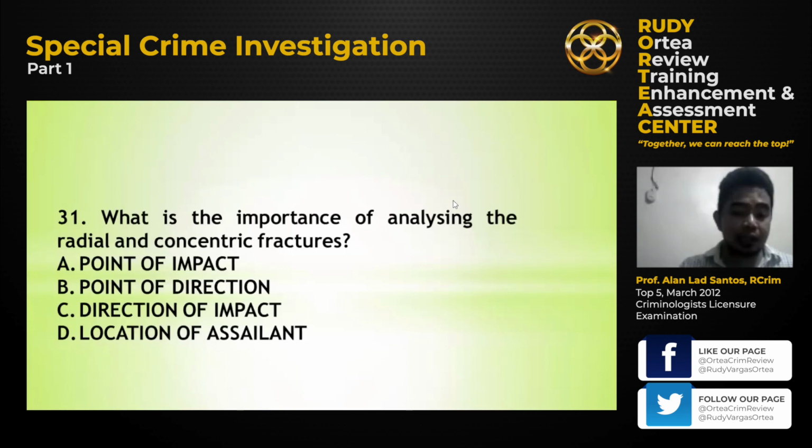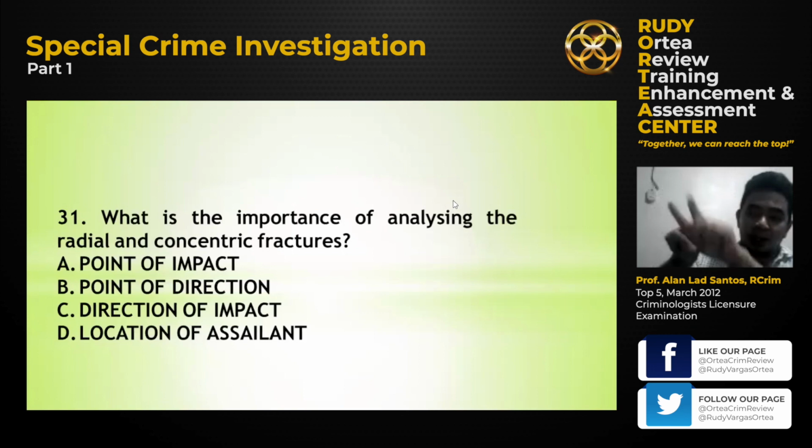Kapag nakita mo yung lines sa edge ng salamin, makikita mo may mga linya roon. Kung from the center, tapos kumakalat, itong pinagmulan ng mga linya sa edge, yun ang point of impact.